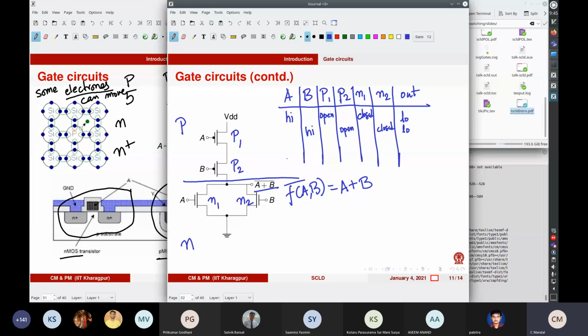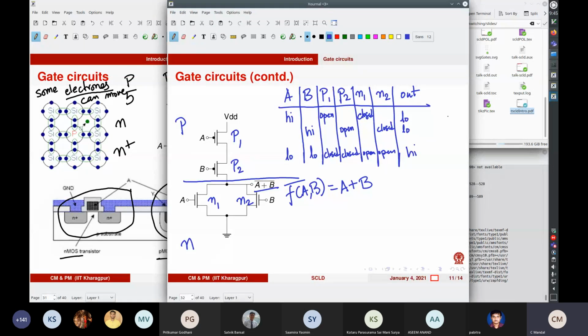And if both are low, then both P1 and P2 are closed, and the output is high.